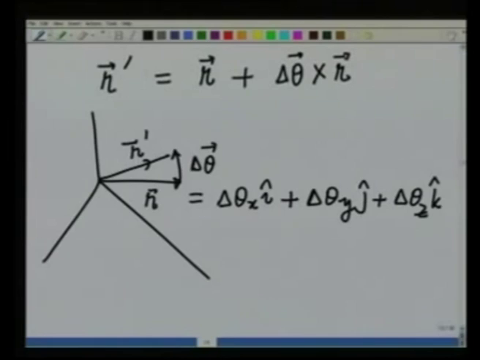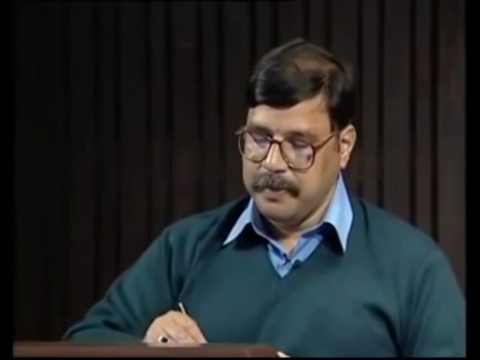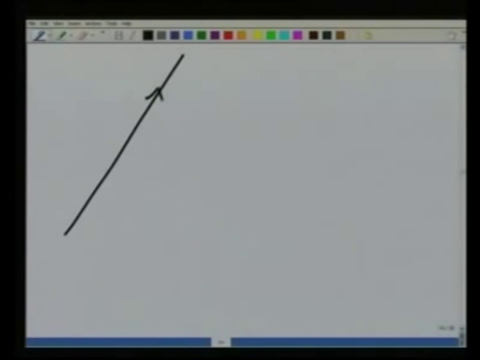r. Having shown this, let me now show it in a slightly different way. Let us take an axis of rotation in direction n, unit vector direction n.